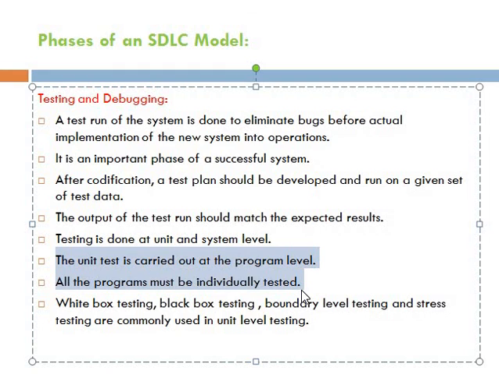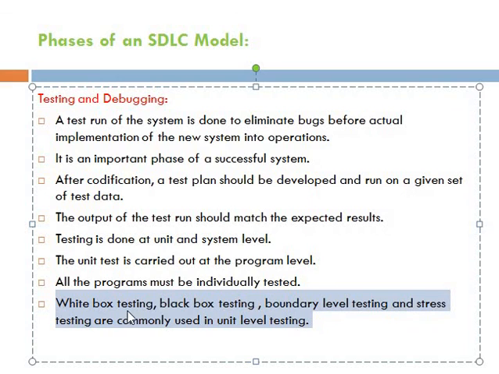Now, as I have already explained, the system that you have designed has been grouped into different modules, and each individual module has been codified using a particular programming language in the form of functions and procedures. And we call those functions and procedures an individual unit in a program. So the testing of each and every unit in a program should be carried out.